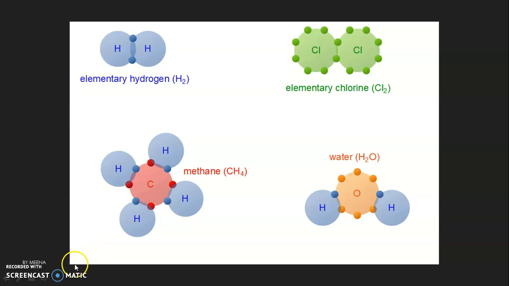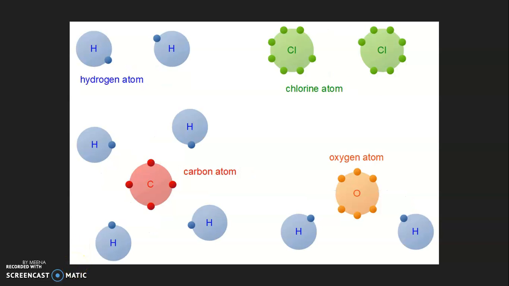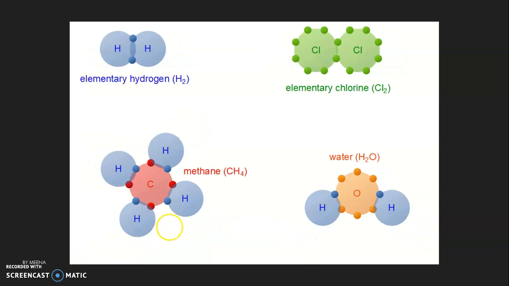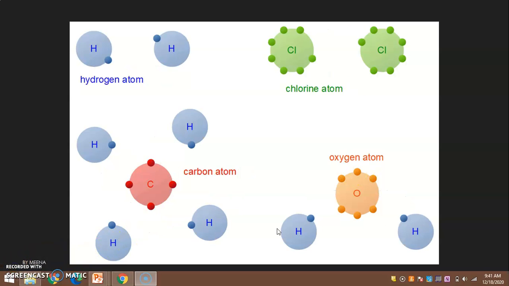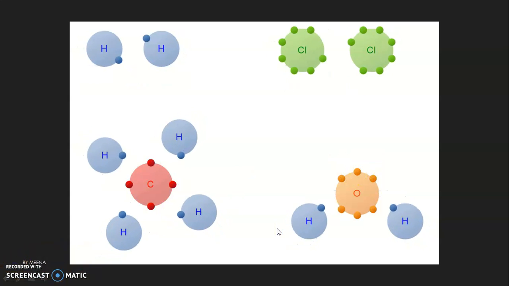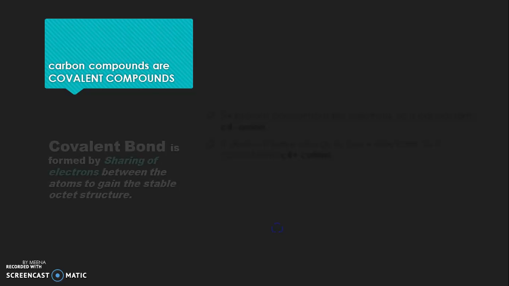You can see some examples here: hydrogen, chlorine, methane, and this is a water molecule. So carbon compounds are covalent compounds.